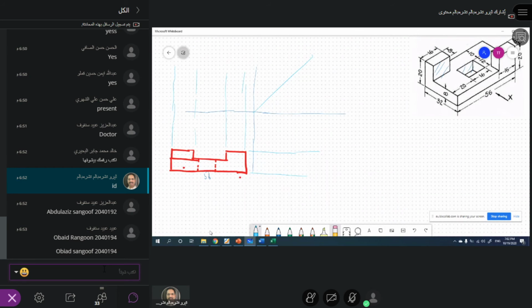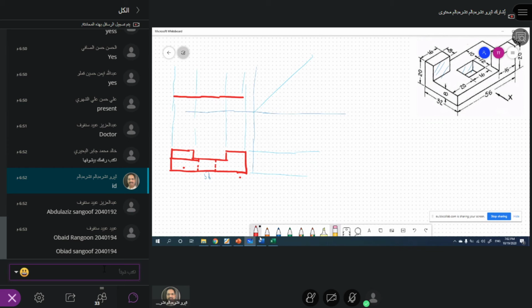Then from the top view, all I can see is this line. So if I see the top view, I will draw this line. Here it is. This is the line.